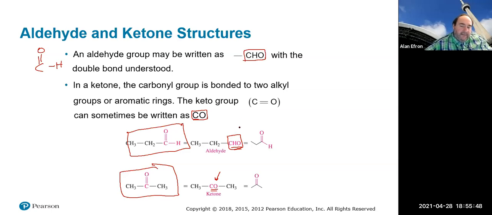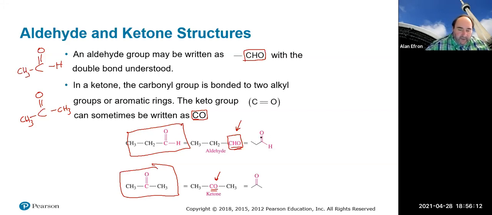So it's good to know that those are sometimes abbreviations used in condensed formulas, but most of the time people draw out that functional part of an aldehyde and ketone, even if you're doing a condensed formula like this. It's very common that people will draw those out.